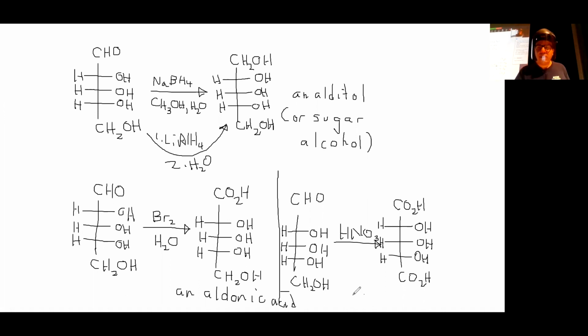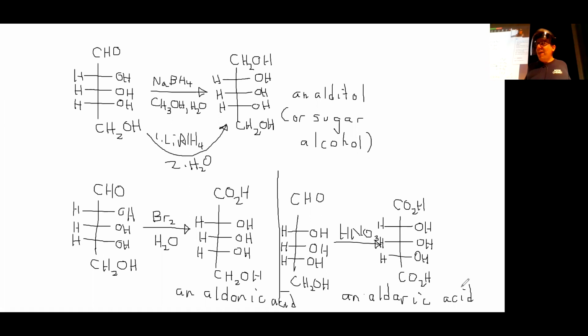And again, it doesn't matter how many carbons are in the sugar. 3, 18, 157, all of those other intervening OHs, whether they're on the left or the right, they don't get touched. And this type of compound is known as an aldonic acid, sorry. And these types of molecules are called aldaric acids.